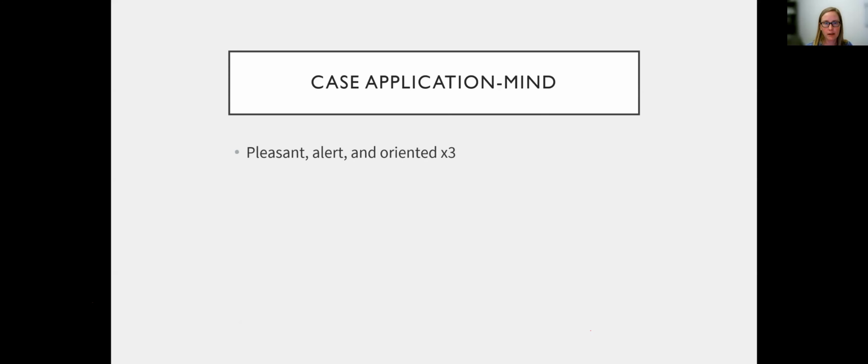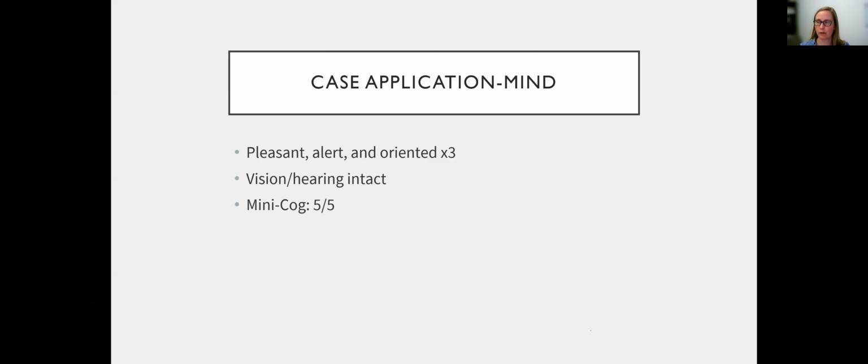So one thing that comes to mind, in our subjective assessment, we'll look at the orientation, and he's doing well with that. He also has intact vision and hearing, because that's important to our cognition. We do a quick screen just to be sure that everything looks good there with the Mini-Cog.